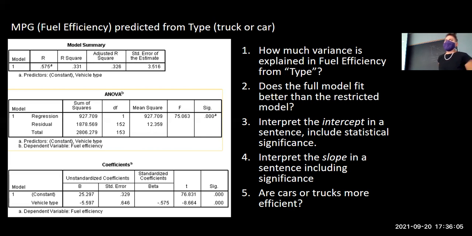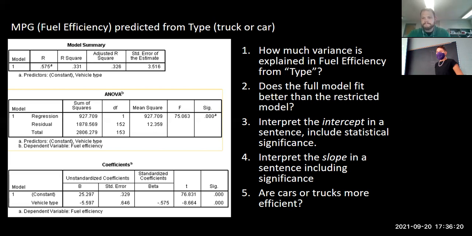Okay, next. How did interpreting the intercept in a sentence go? Did you feel good about that? Folks at home, you can chime in as well. I'll take a sacrificial sentence from someone, or I'll call on someone. So we at home interpreted the intercept by saying that cars get an average fuel efficiency of 25 miles per gallon, with significance of p less than 0.001.